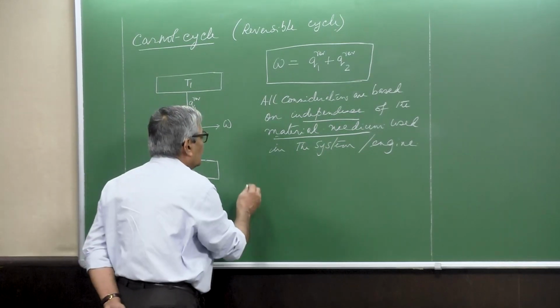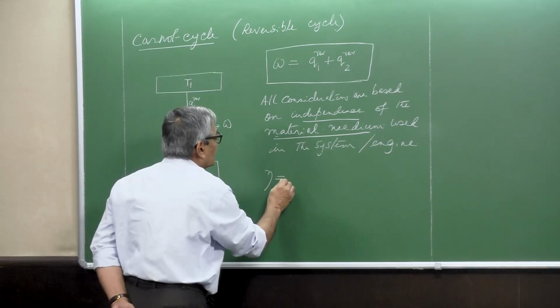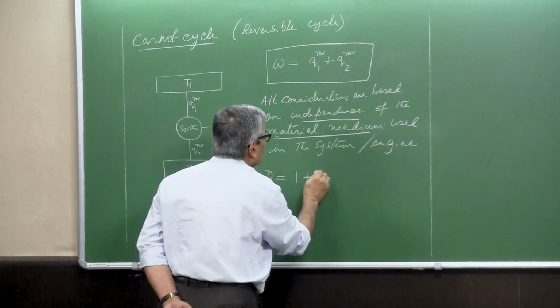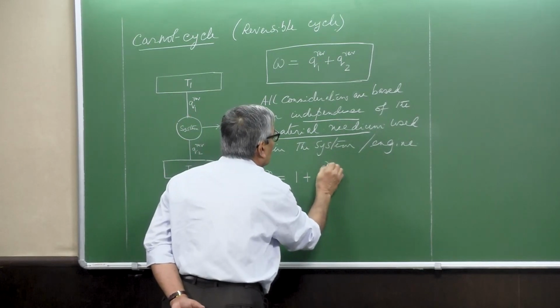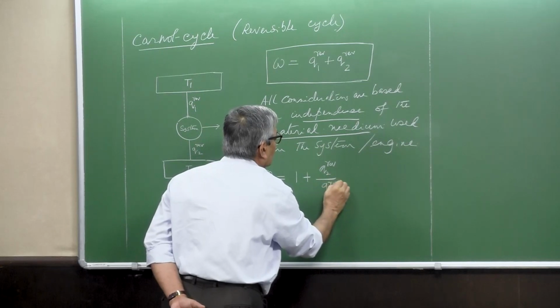What we showed is that the efficiency eta is basically 1 plus Q2 reversible divided by Q1 reversible.